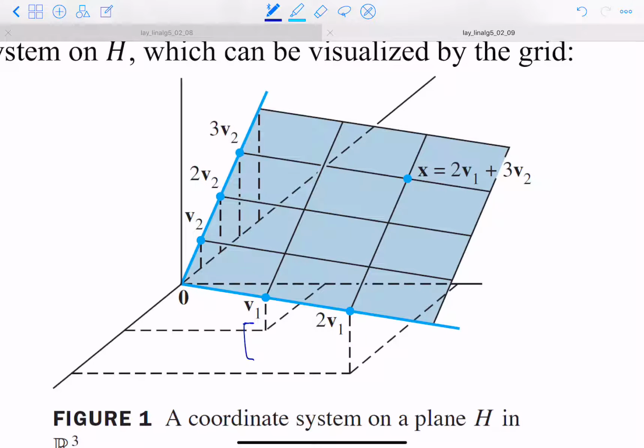Let's think of V1 as (1, 2, 3) and V2 as (2, 3, 4). And then what will be this corresponding point? Right, this one. Let's just compute it.